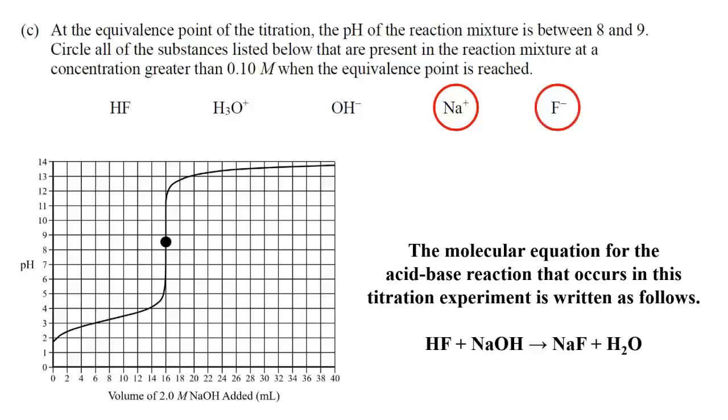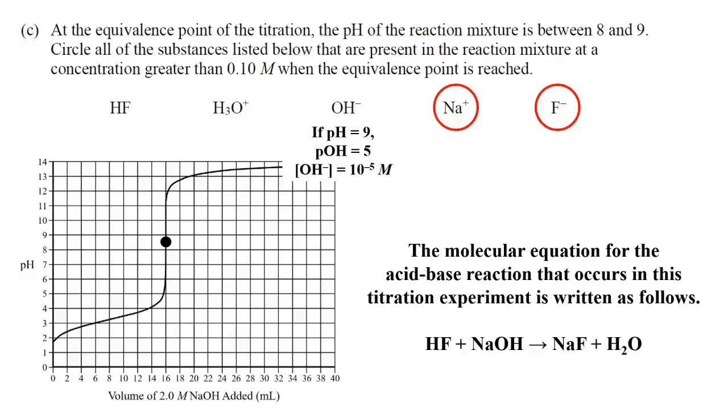So for example, suppose the pH of the solution is 9. Then the pOH would be 14 minus that value. So 14 minus 9 is 5. And if the pOH is 5, that would place the concentration of hydroxide at a value of 10 to the minus 5.